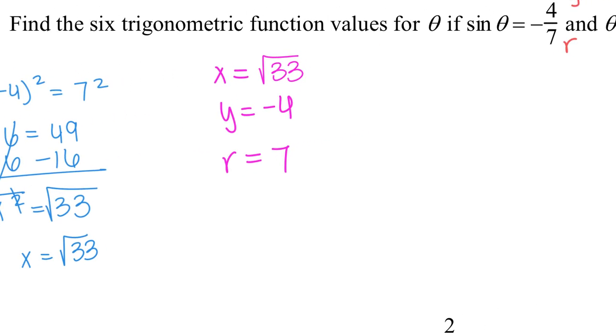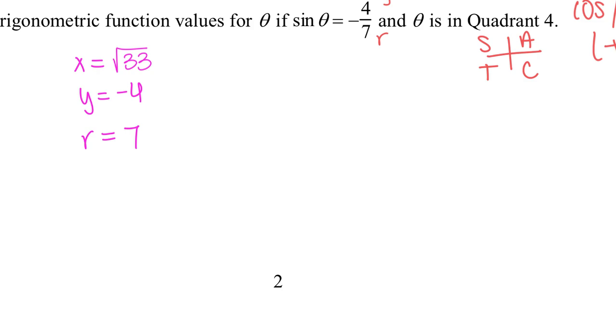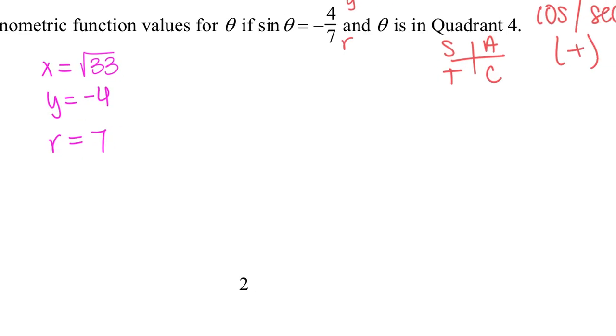So just writing that in, and then writing those functions, all 6. You cannot have a square root in your denominator. I have sine theta, and sine is y over r, which is negative 4 over 7. That's good.